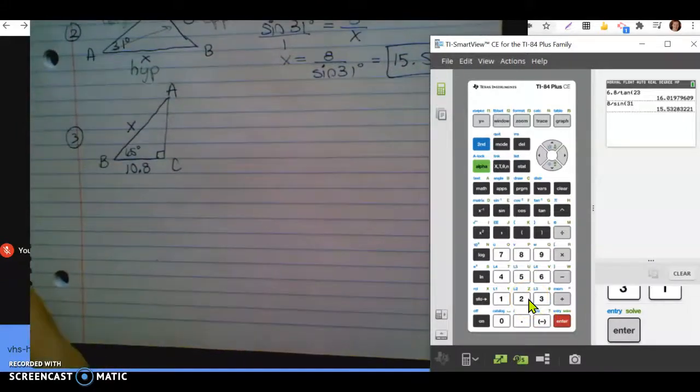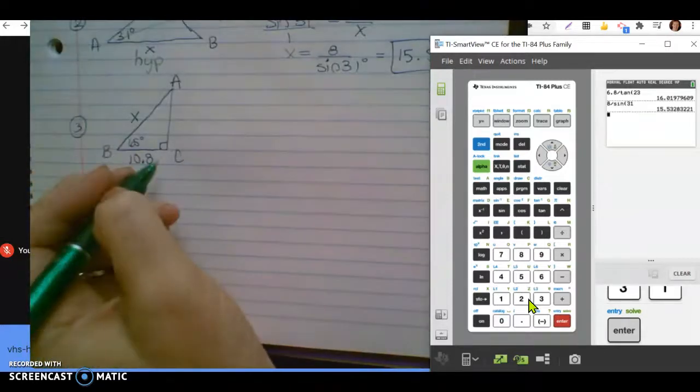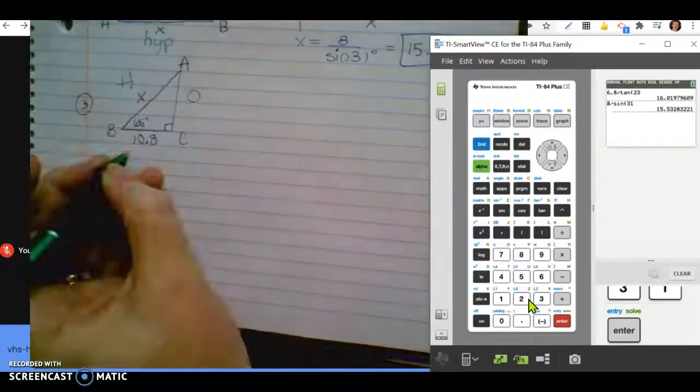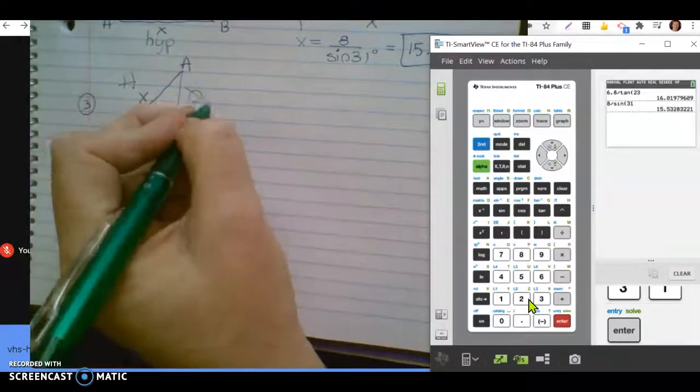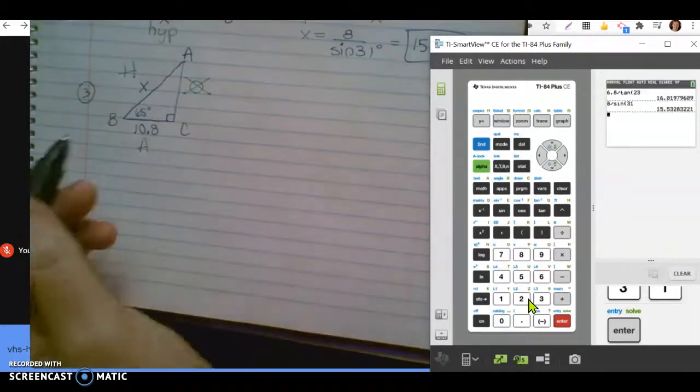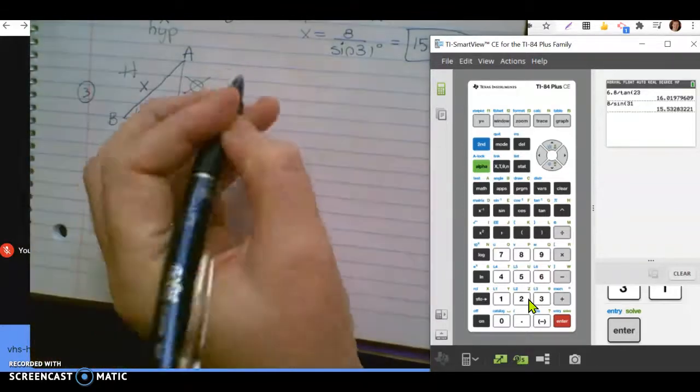So then number 3, again, pause it, write it down if you need to. I have the hypotenuse, I have the opposite, I have the adjacent. I don't really know anything about the opposite, so I'm going to use cosine because that's what's going to use this.